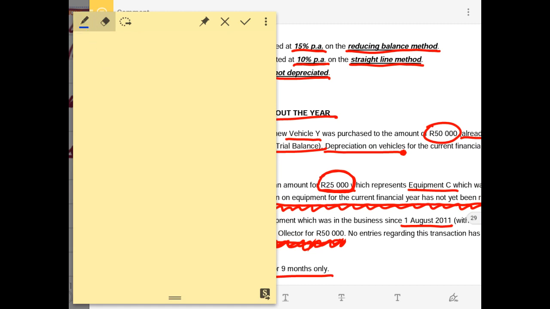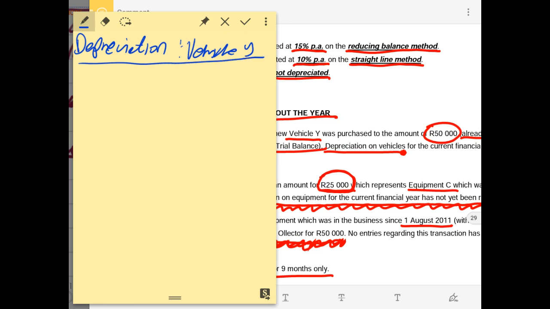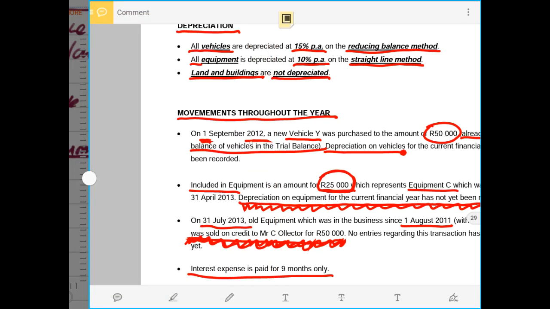So now let us calculate depreciation for vehicle Y, and we say depreciation for motor vehicle Y. And we know that vehicle Y was acquired in the year 2013. Remember, in the information given, they say in the year 2012.